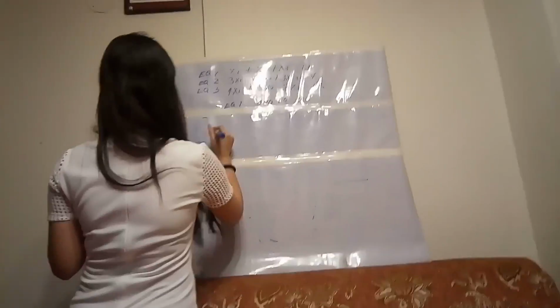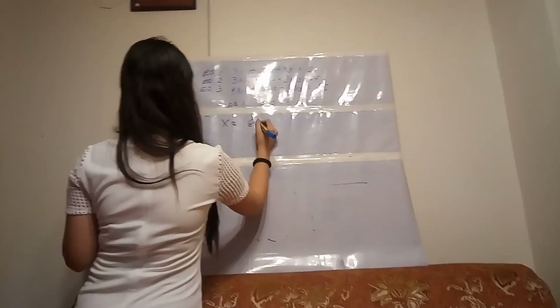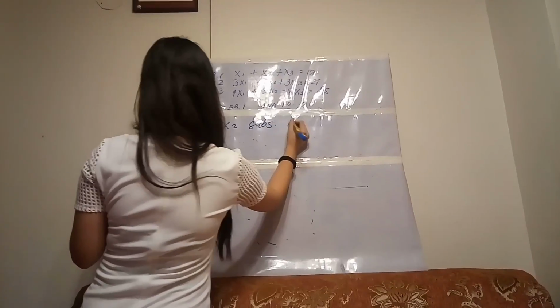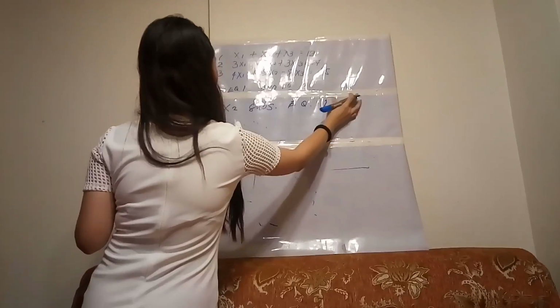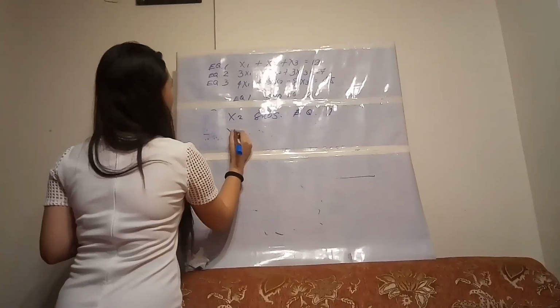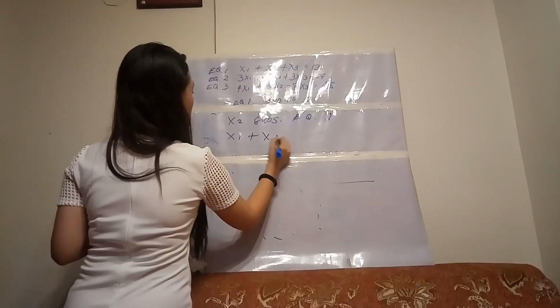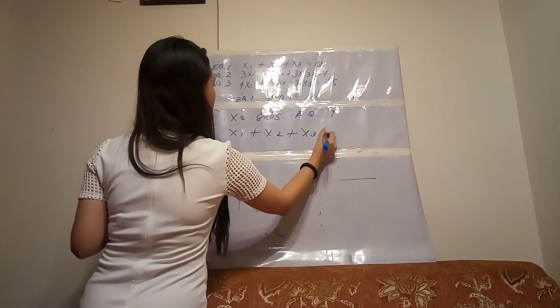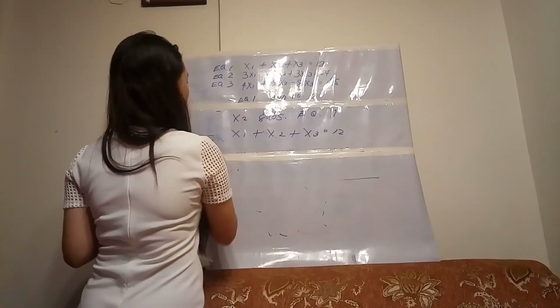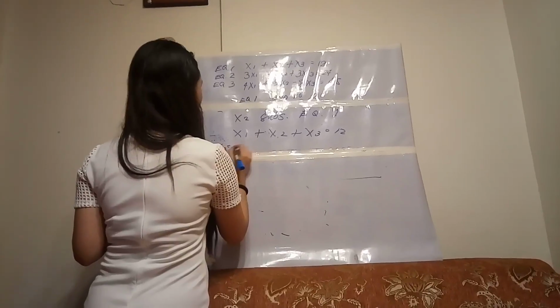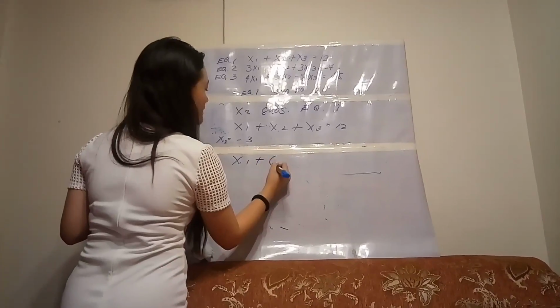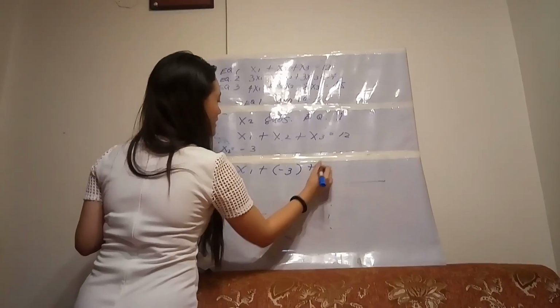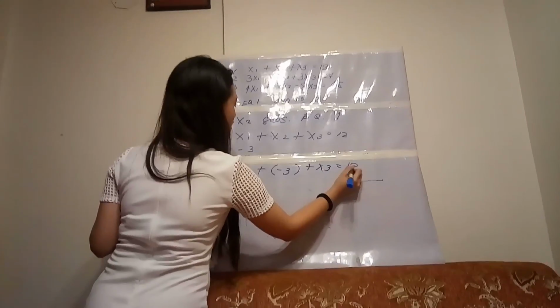So, substitute x2 into equation number 1. Our equation number 1 is x1 plus x2 plus x3 is equal to 12. The value of x2 is equal to negative 3, so x1 plus negative 3 plus x3 is equal to 12.